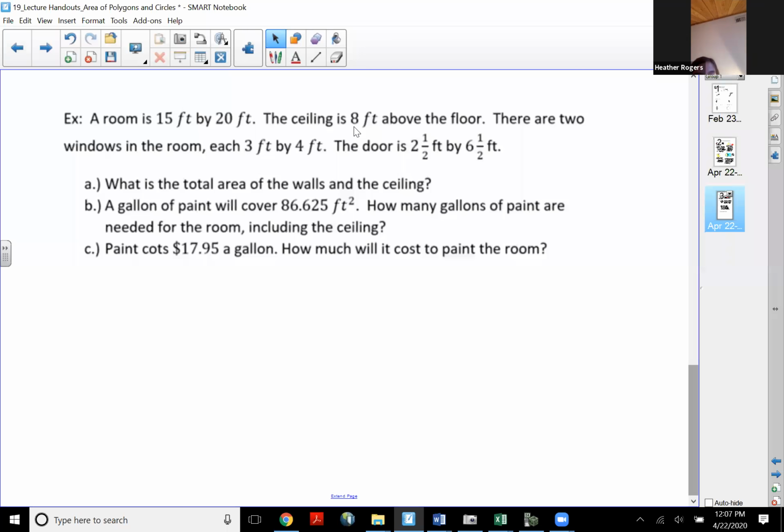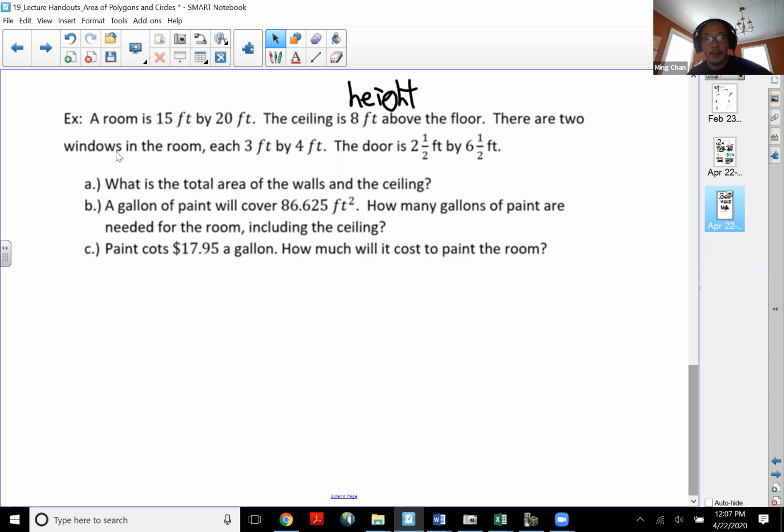So this ceiling is 8 foot above the floor, which means that's the height of the walls. I keep using the word long. You have 2 walls that are 15 foot long and 2 walls 20 foot long, but how tall are they? Well, your 4 walls are the same height, so they're all 8 feet.